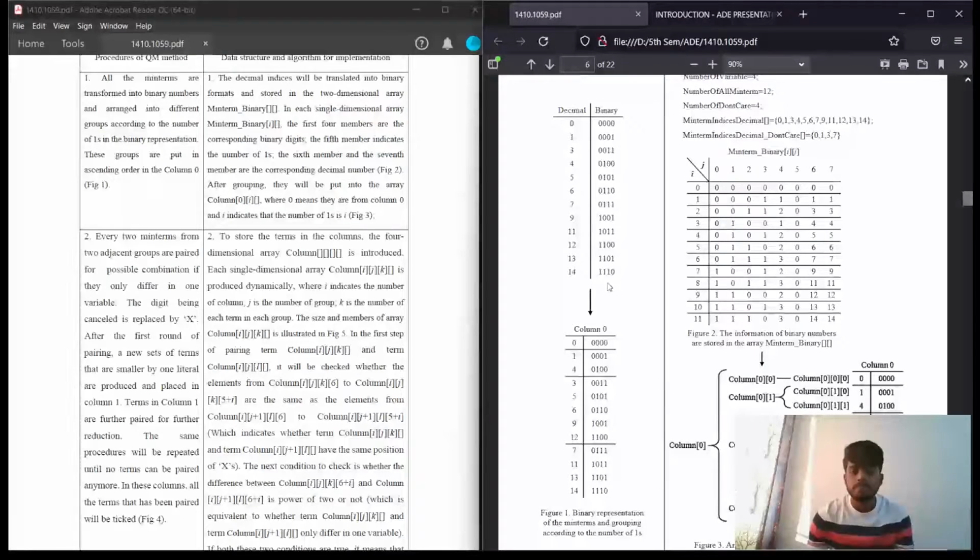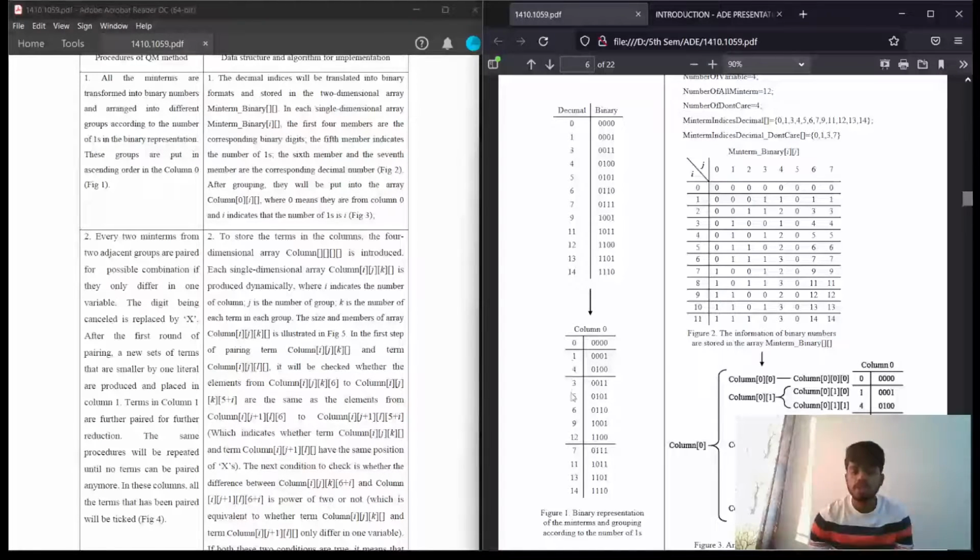And check over here, the next is where the number of ones is 1. So for the min terms 1 and 4, the number of ones is 1 in their corresponding binary. So 1 and 4 will be represented in a separate group. The same way 3, 5, 6, 9, 12, where the number of ones is 2, and 7, 11, 13, and 14, where the number of ones is 3.